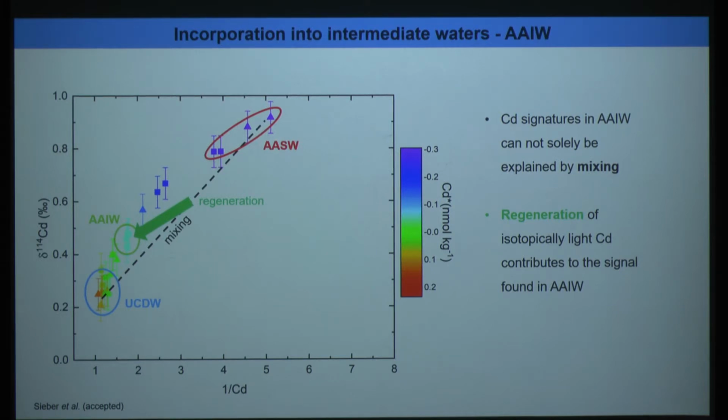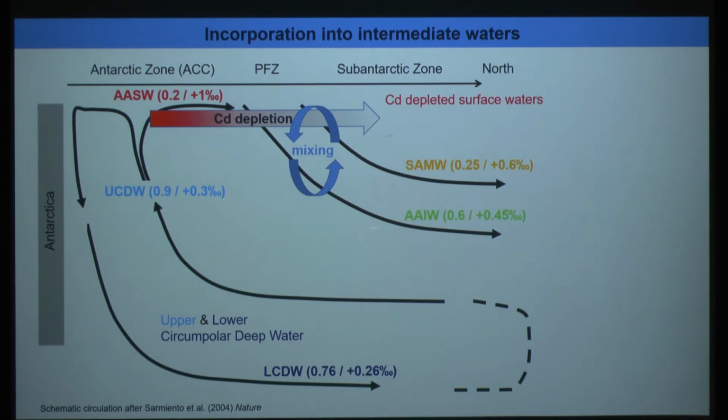So the signal contains both the depleted surface water as well as the regeneration signal, and we end up with a pretty characteristic signal both in this Antarctic intermediate water and subantarctic mode water that flow out into the low latitudes of the Atlantic and the Pacific. And they carry these characteristic signatures. So you can see the subantarctic mode water, which is shallower, has a heavier isotope signature than the deeper Antarctic intermediate water, just because it has more of this heavy, depleted surface water.